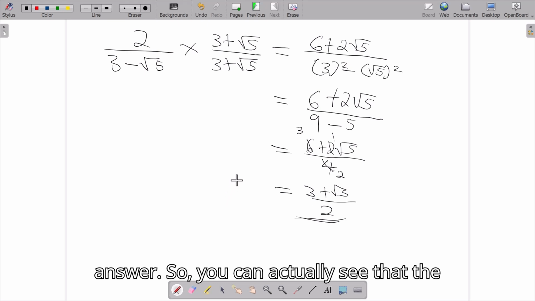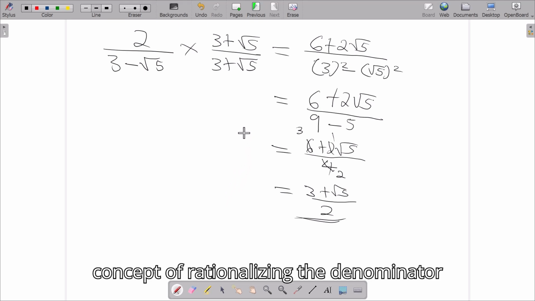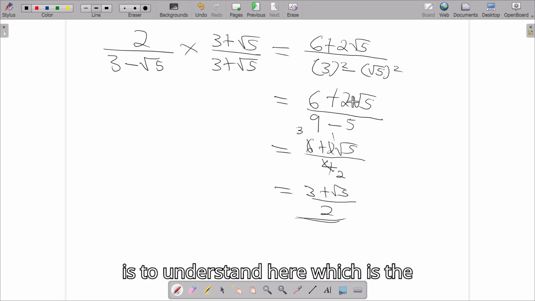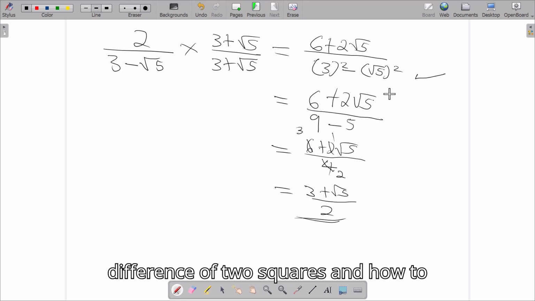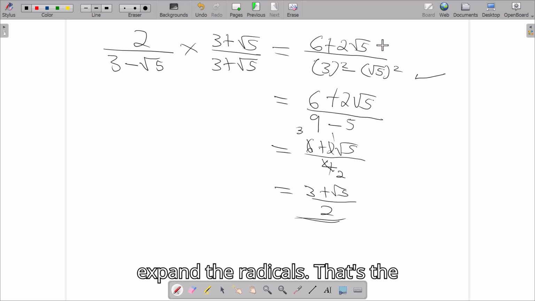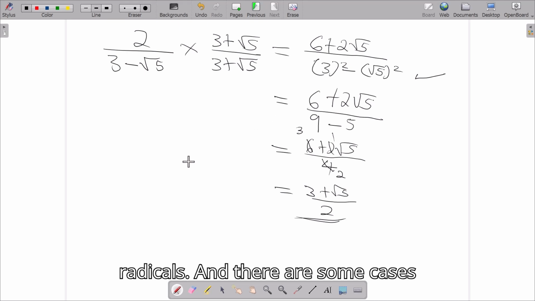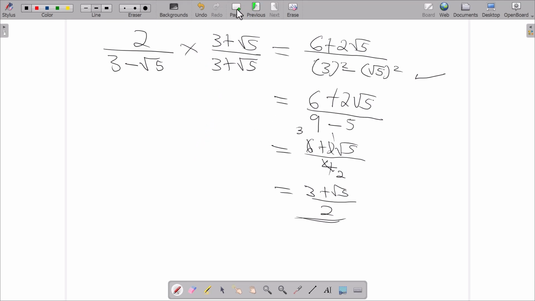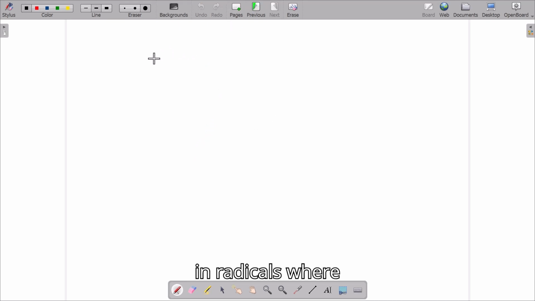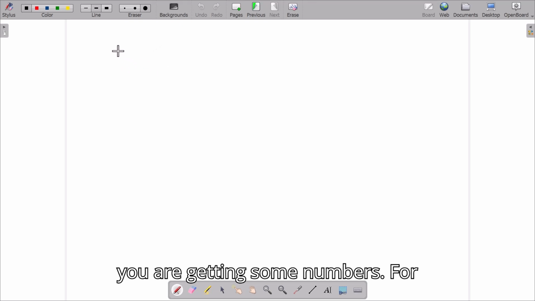So you can actually see that the concept of rationalizing the denominator is to understand the difference of two squares, and how to expand the radicals. That's the key, to know how to expand radicals. And there are some cases in radicals where you are getting some numbers.